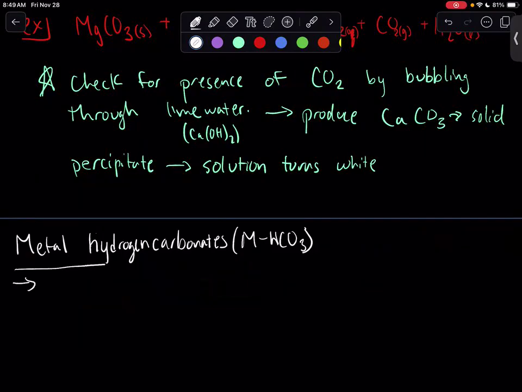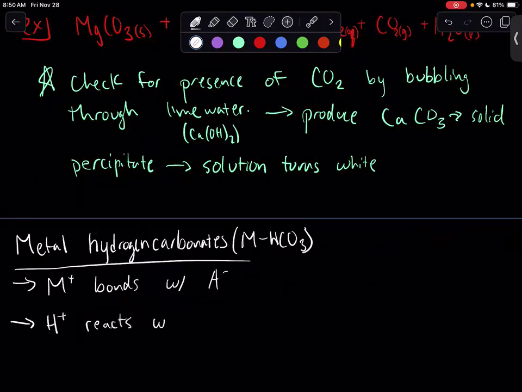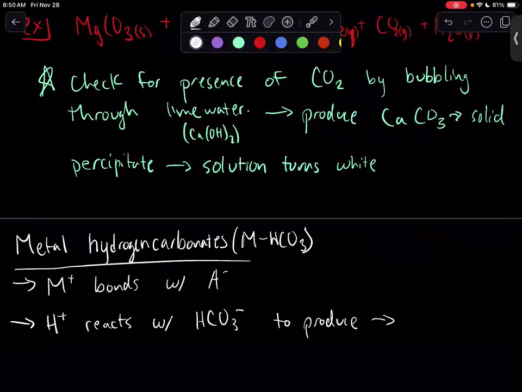Once again, these are a metal bonded with a minus, so our cation bonds with our anion. And of course, here our hydrogen reacts with HCO3 minus to produce, once again, CO2 plus H2O.